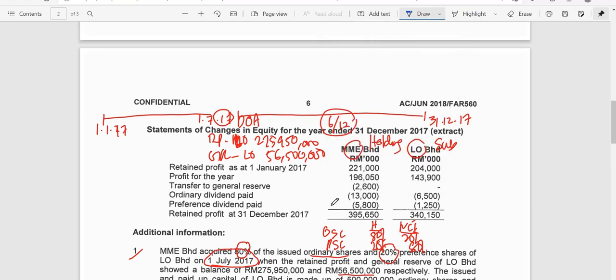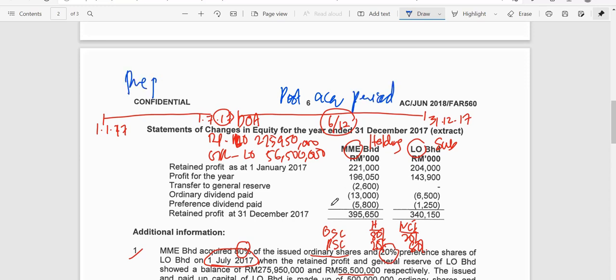The post-acquisition period was 6 months. Therefore, there is a pre-period, meaning that in the same year, the first 6 months, or the first half, was not yet acquired. It was not having a subsidiary-parent relationship. So the pre-period was 6 months as well.